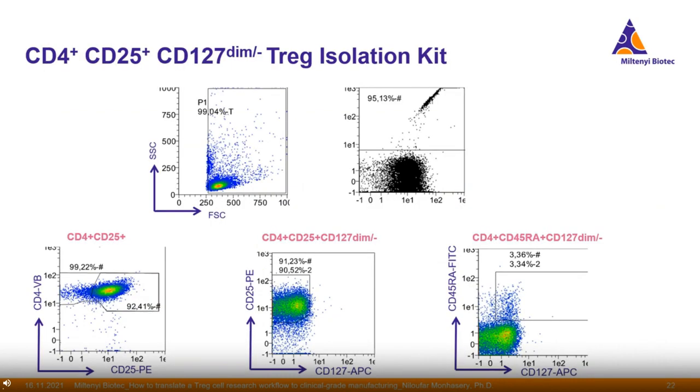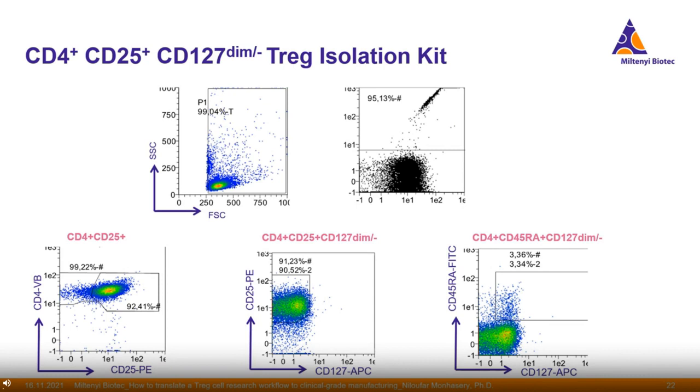Okay, in this slide, I put some data for you that I know you will like. It shows the functionality of CD4, CD25 positive, CD127 dim negative Treg isolation kits. The flow analysis shows that we can reach over 92% CD4, CD25 positive cells and also over 90% CD4, CD25 positive, CD127 dim negative cells.